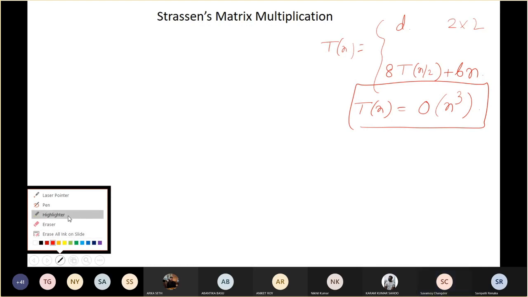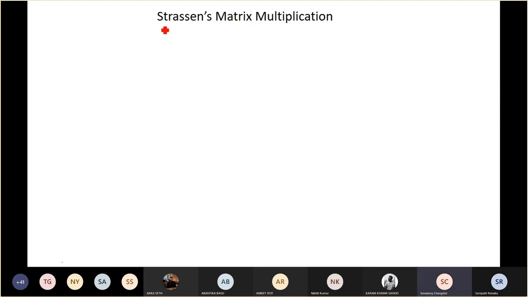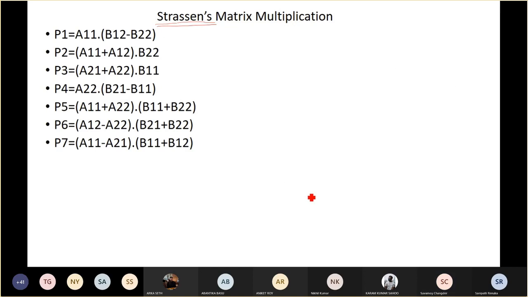Here the researcher Strassen, a mathematician, developed an algorithm to multiply two matrices. How? He considered 7 terms, like P1. Here we are considering two 2 cross 2 matrices, and it can be implemented for n cross n also.